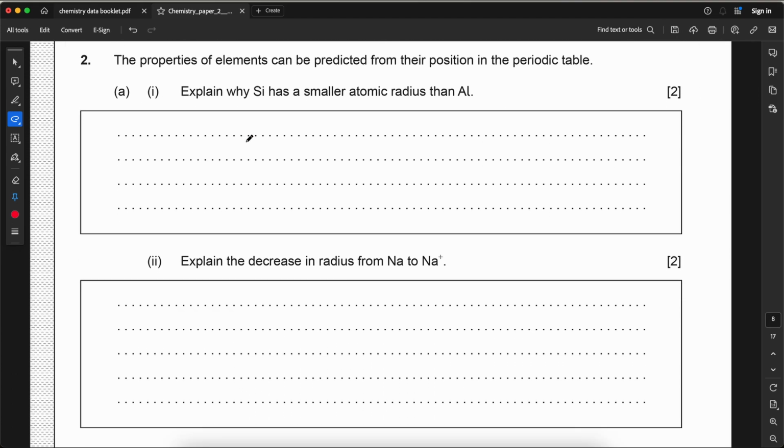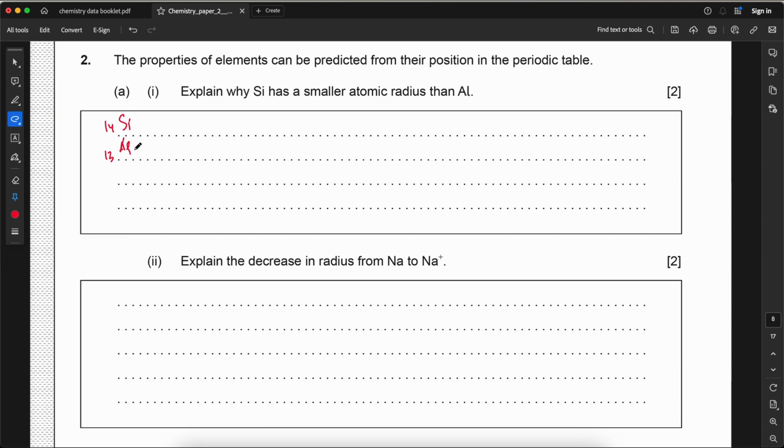The properties of elements can be predicted from their position in the periodic table. Explain why Si has a smaller atomic radius than Al. Si has atomic number 14, or 14 electrons, and Al has proton number 13.